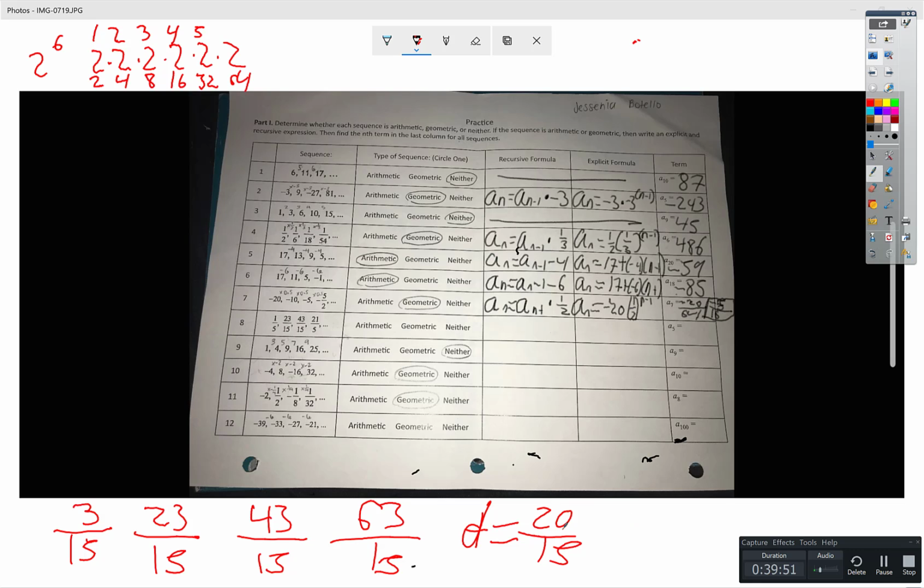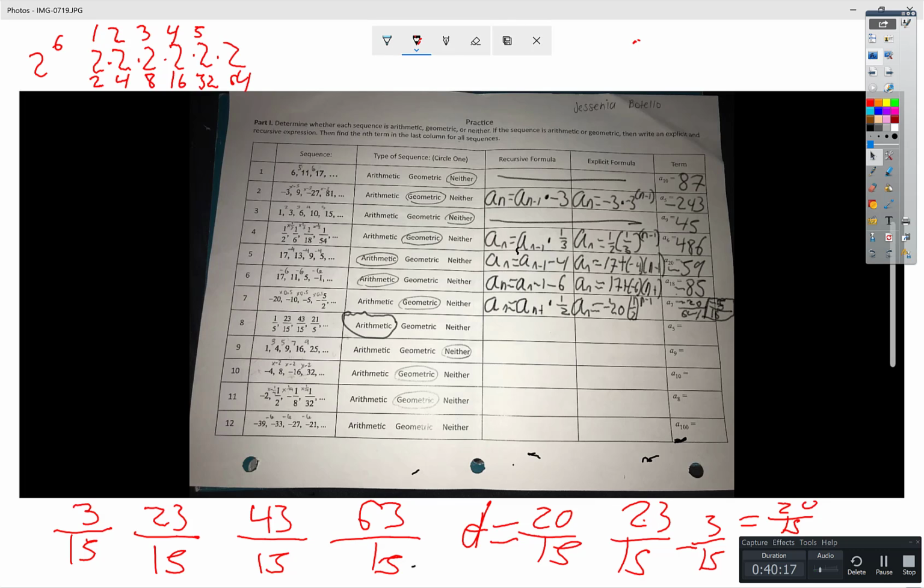Rigorously, you could just find one term and subtract from the other terms. You do 23/15 minus 3/15. You have to convert it, but that would become 20/15. And you could do that for any term in the sequence. So this one is arithmetic.